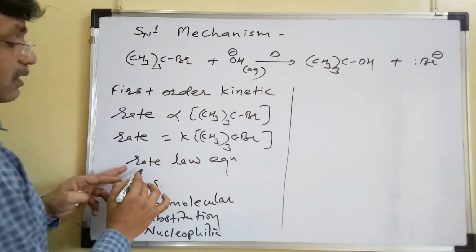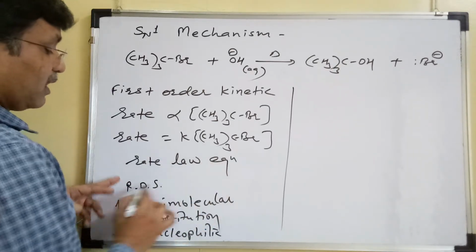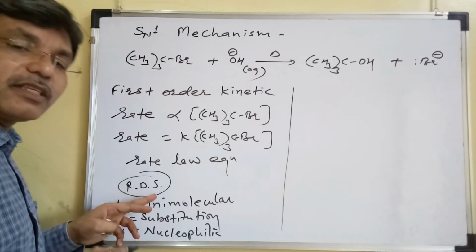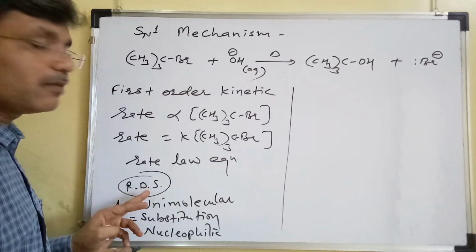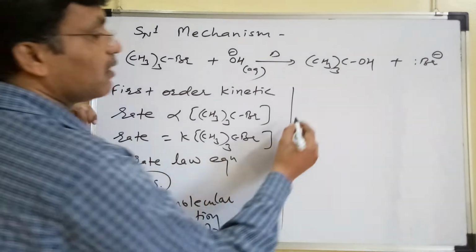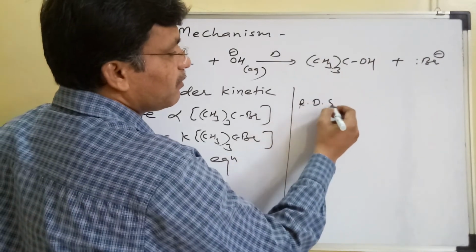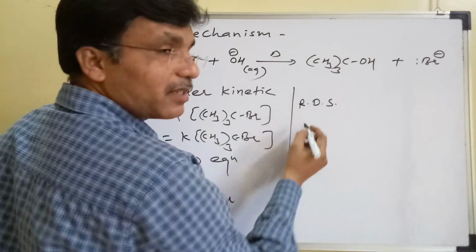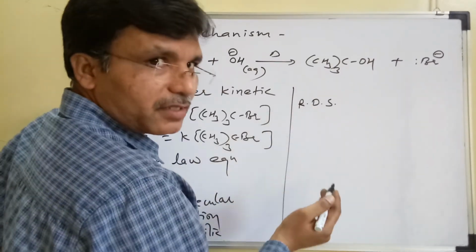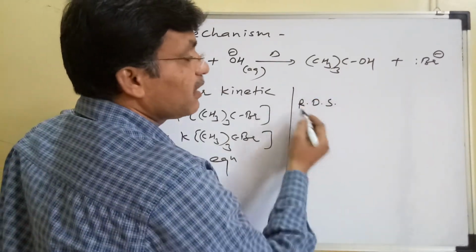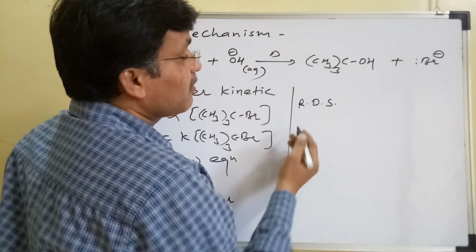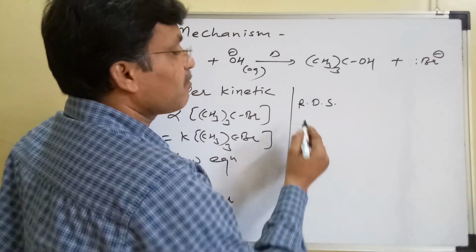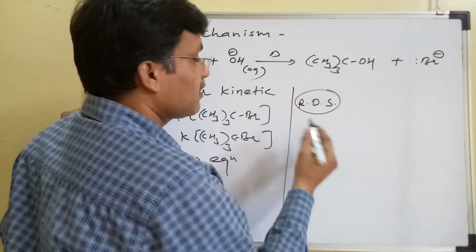So this rate law equation depends upon the rate determining step. So you should first know what is meant by rate determining step. We will first understand what is meant by rate determining step with the help of an example.